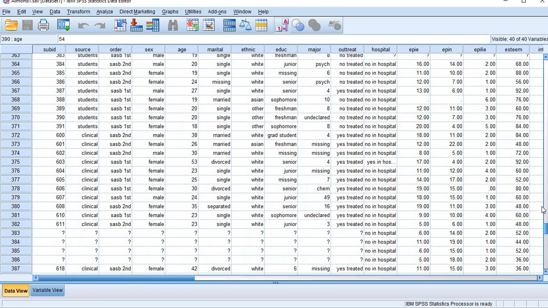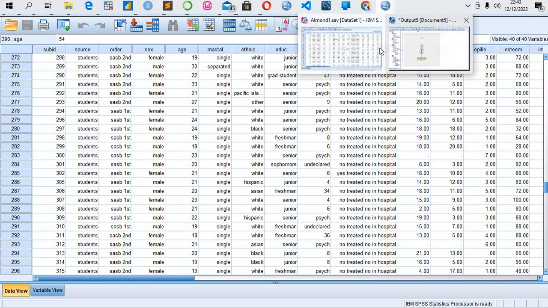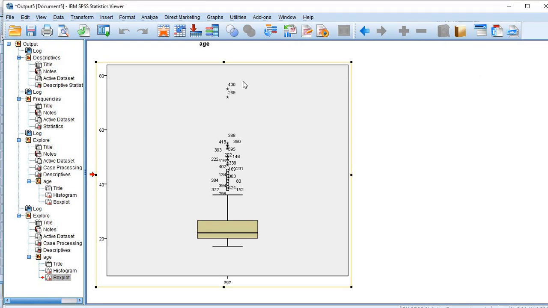So that value you are seeing there on that dot is actually the position of that observation. It is a number in terms of observation. So what IBM SPSS is trying to tell us is to show us the level of seriousness of that outlier, how serious it is.